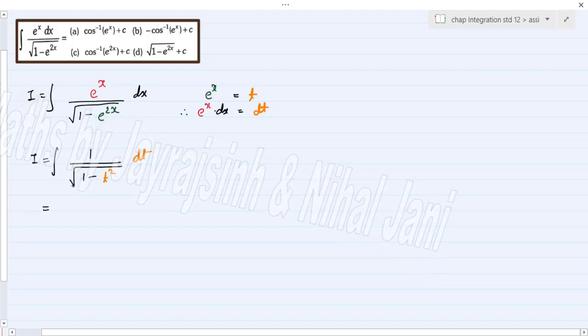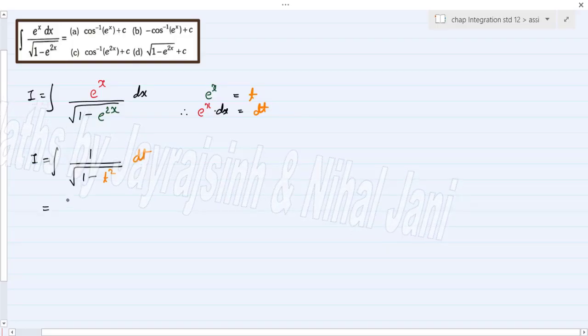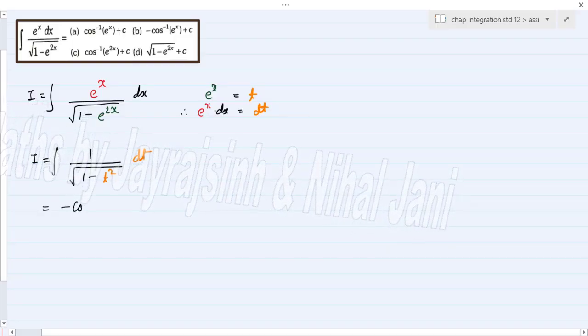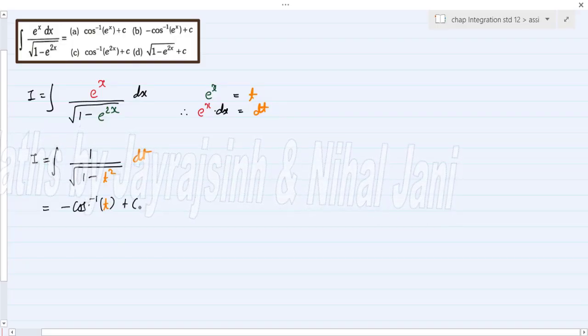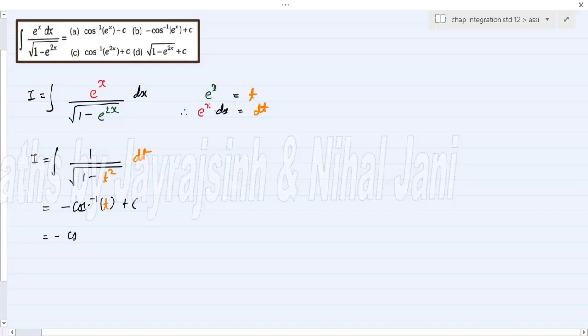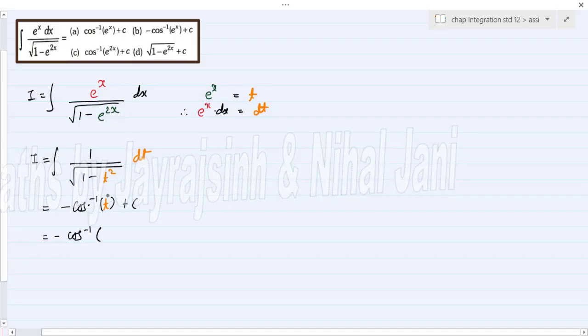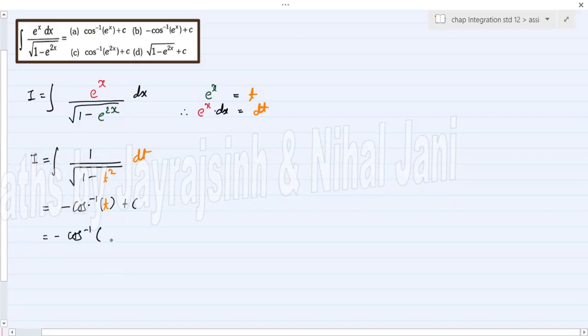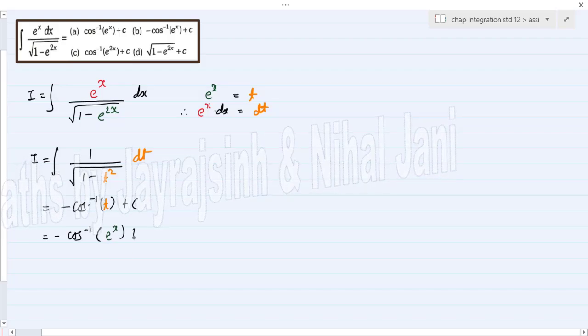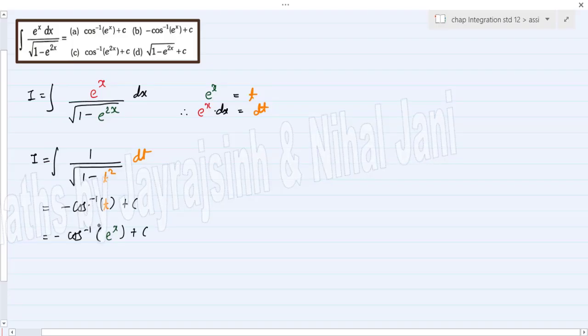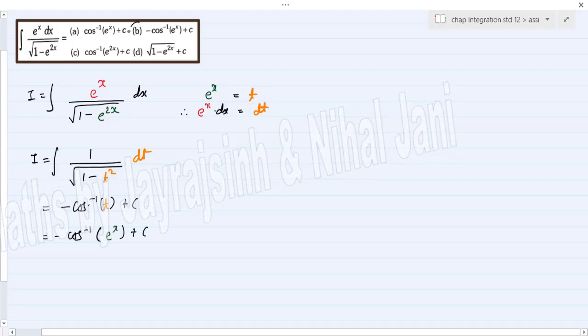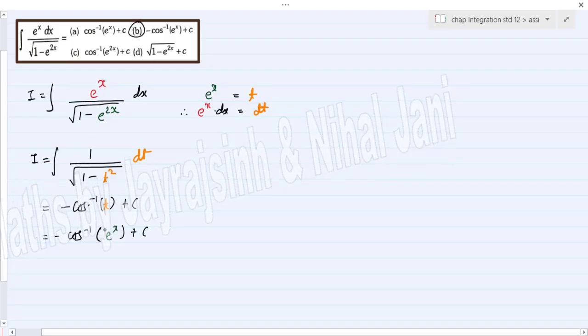So integration of 1 upon under root of 1 minus t square is simply minus cos inverse of t plus c. And to get the final answer, we just have to substitute the value of t, which is e raised to x. So minus cos inverse of e raised to x plus c is your final answer, which is given in option B. Ta-da!